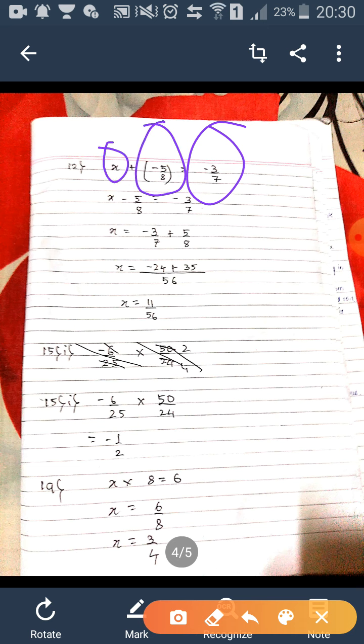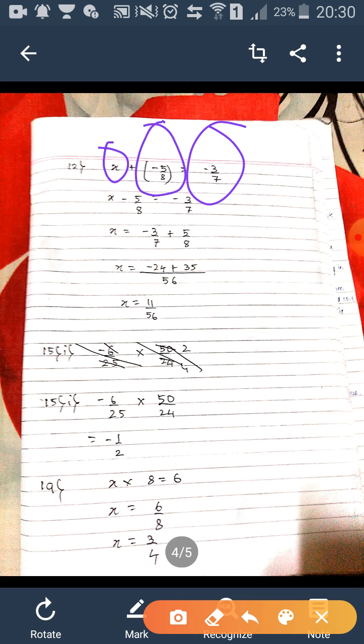You have been given two rational numbers, minus 5 and 8, and you have been asked to insert three rational numbers in between these two.